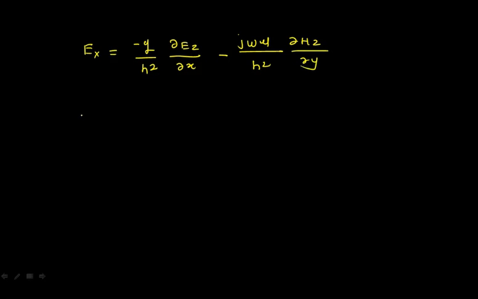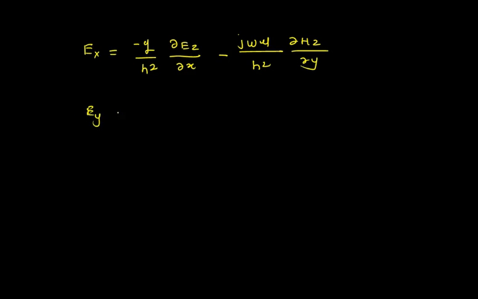I'm just rewriting that ex component. You do try to solve it by yourself. So ex is equal to minus gamma by h square d of ez dx minus j omega mu by h square d of hz dy. So this is the ex component.